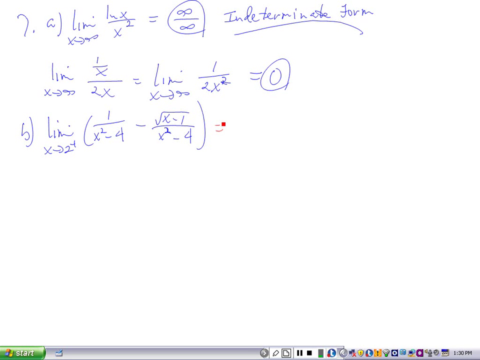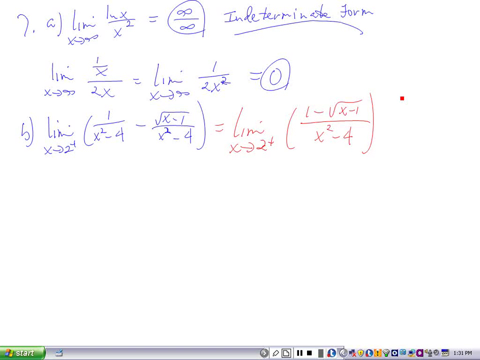So we simplify this. This is the limit as x goes to 2 from the right. This is 1 minus the square root of x minus 1 all over x squared minus 4. Now you check. Let's plug in x equal to 2. So we get in the numerator 1 minus the square root of 2 minus 1.